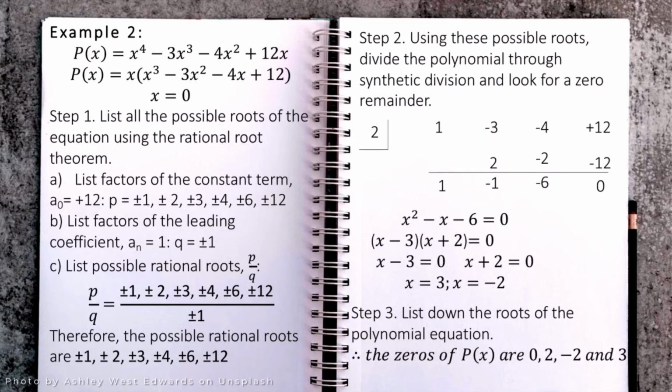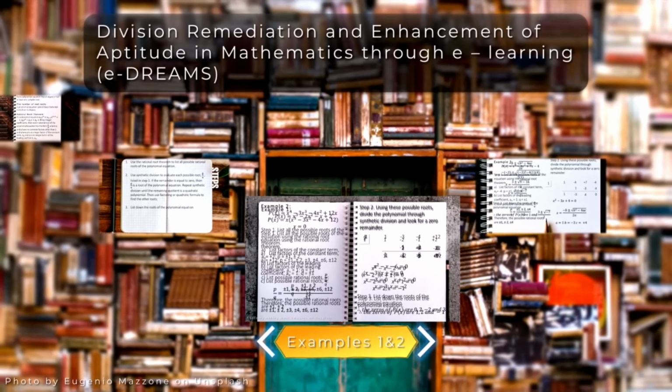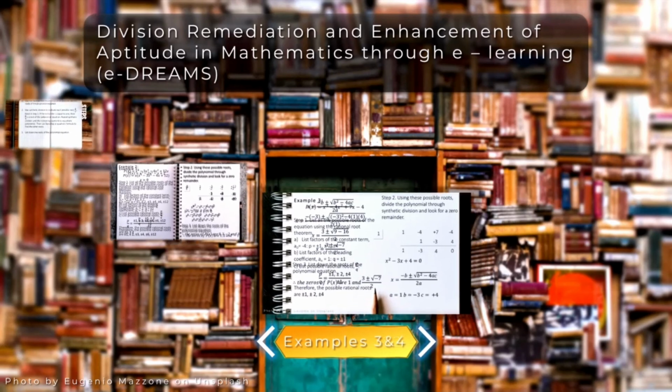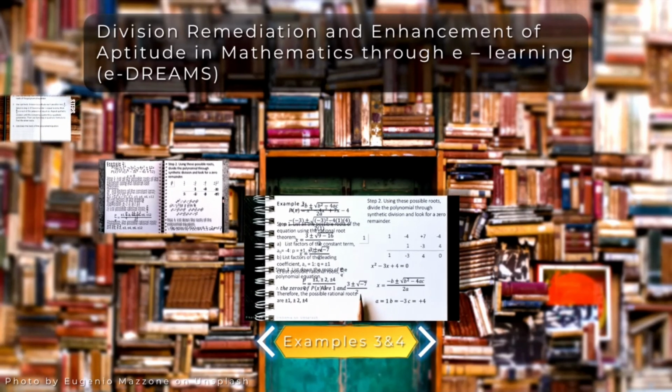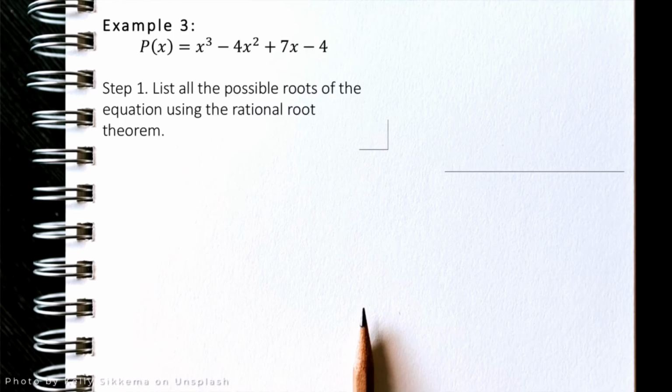Okay, now let's have our last example, which is example number 3. The p of x is equal to x cubed minus 4x squared minus 7x minus 4.